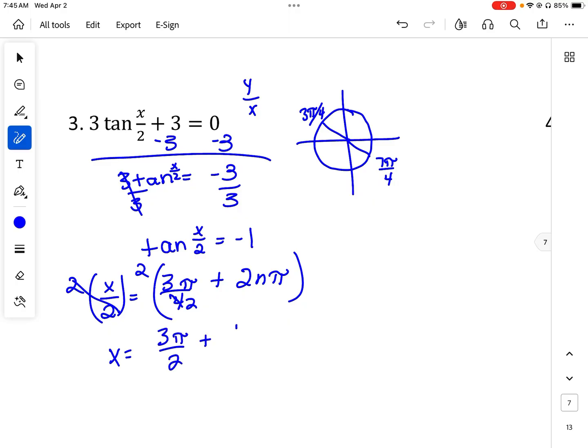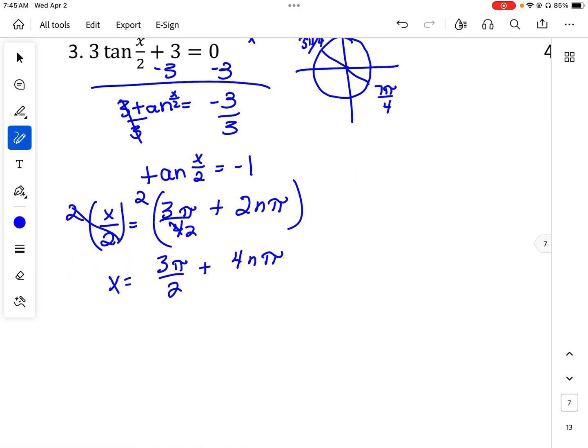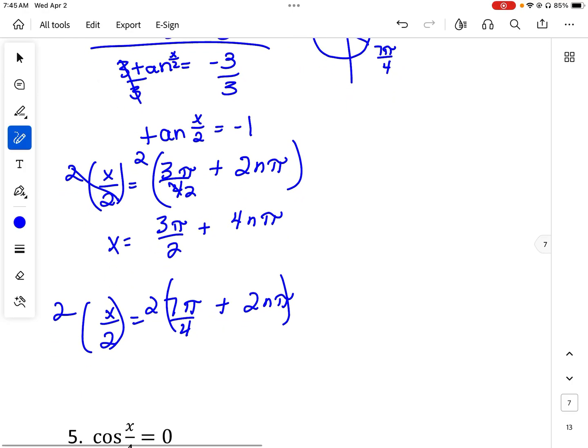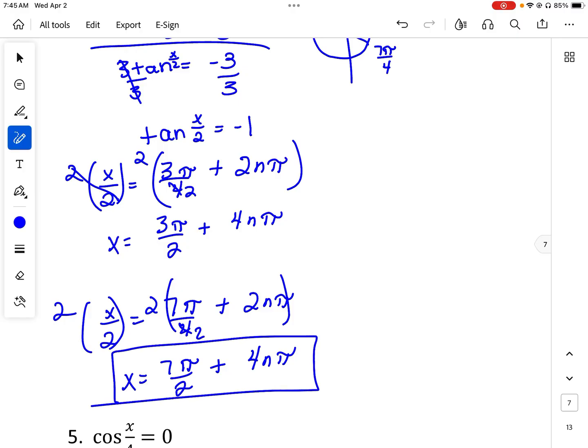So x equals 3 pi over 2 plus 4 n pi. And then times 2, x equals 7 pi over 2 plus 4 n pi.